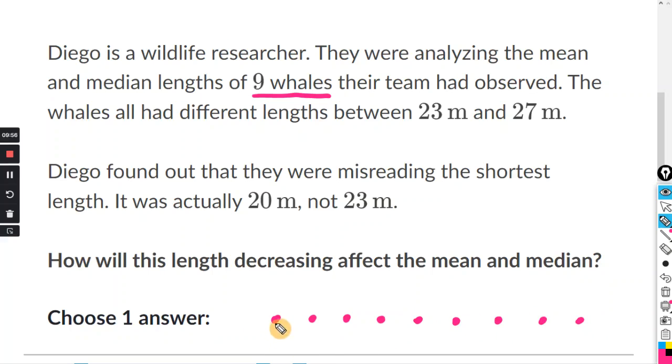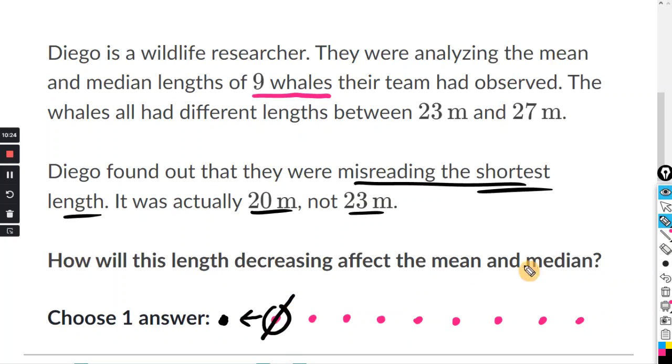This would be the shortest, and this would be the longest. What they said was they misread the shortest one. It was actually 20, not 23. So, in other words, the 23 turned into a 20, but that was the shortest one. So let's say we took the shortest one here and we moved it to the left a little bit. We decreased it. Okay, so we'll cross this off.